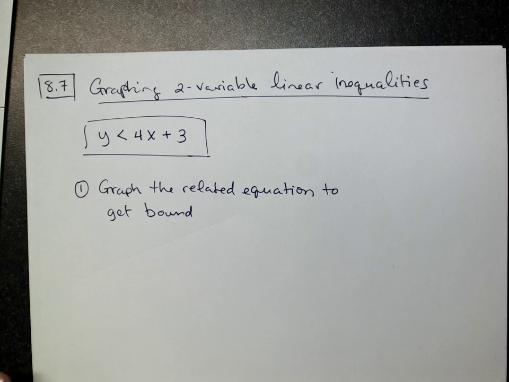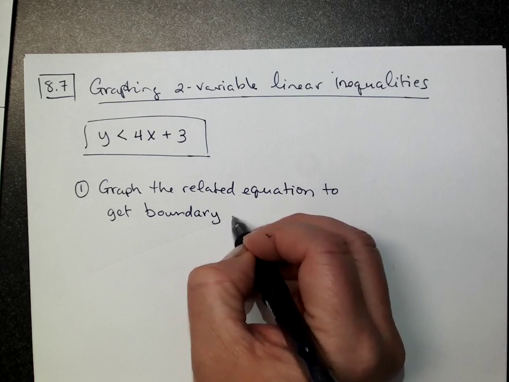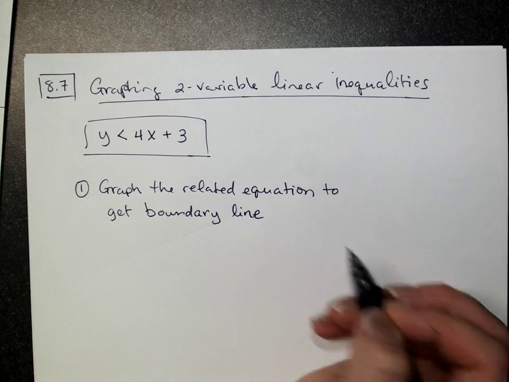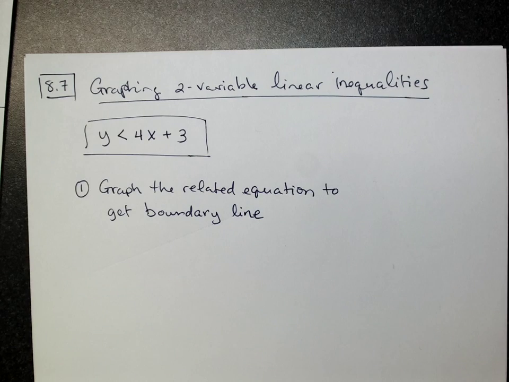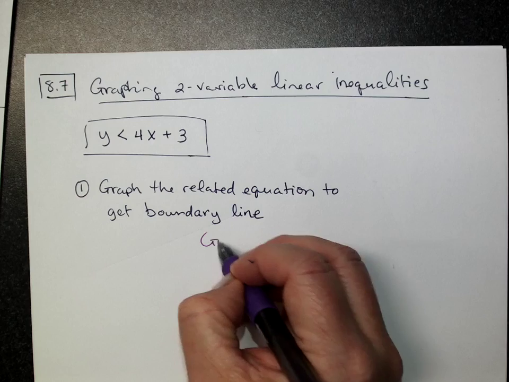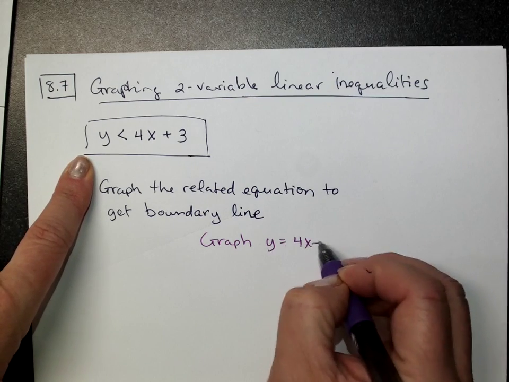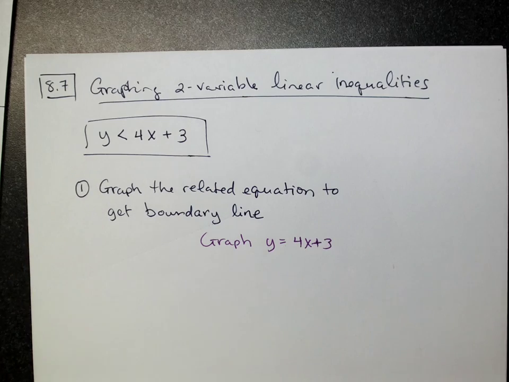You're done. Walk away. But this is just going to give you the boundary, the edge of the solution. So, in this case, you are going to be graphing y equals 4x plus 3. You just put in an equal sign instead of the inequality sign.